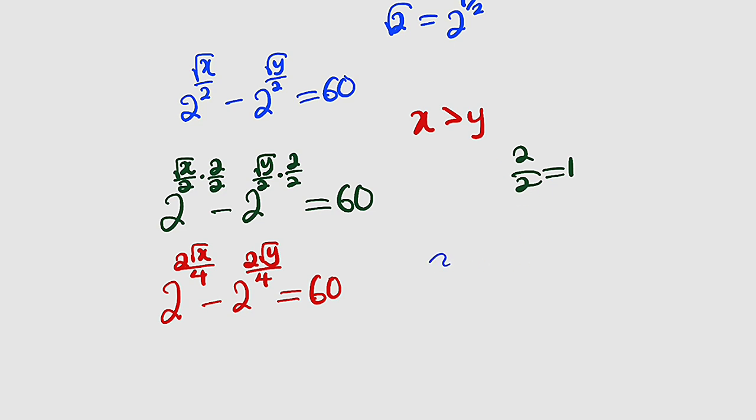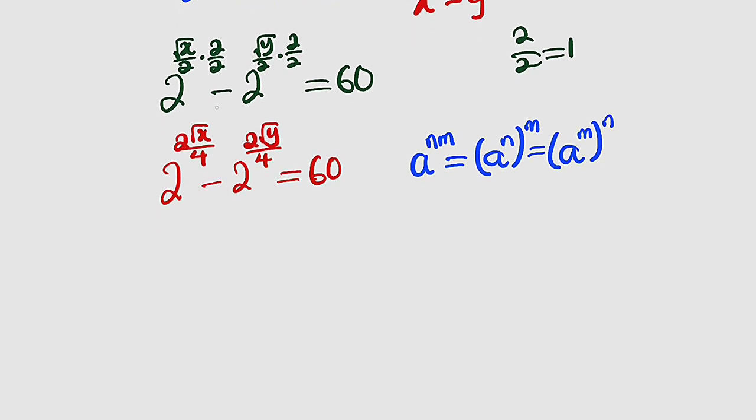Remember that law of indices which stated that a raised to the power of nm can be expressed as a to the power of n raised to the power of m, or even a raised to the power of m raised to the power of n, all the same.